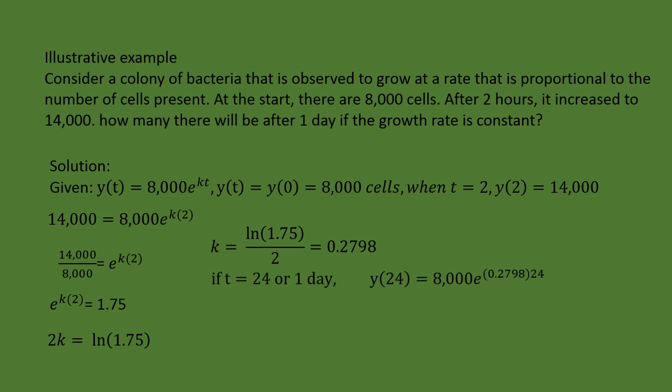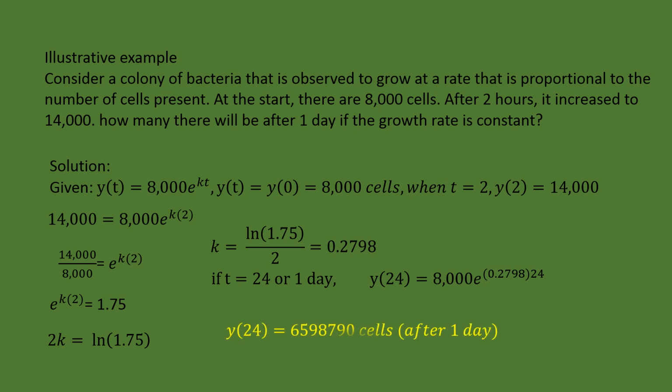Then, when t is equal to 24 hours, because that is our goal in this problem, to identify the number of bacteria after 24 hours, we have y of 24 is equal to 8,000 times e raised to the power of 0.2798 times 24, referring to our t, which is 24, or 1 day.